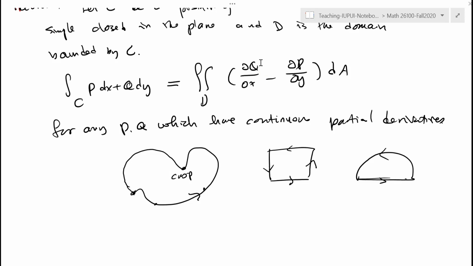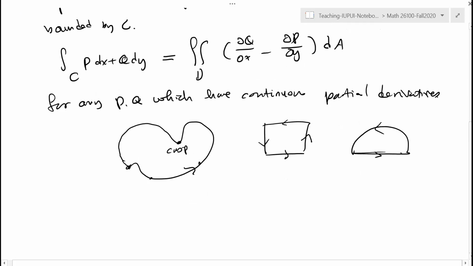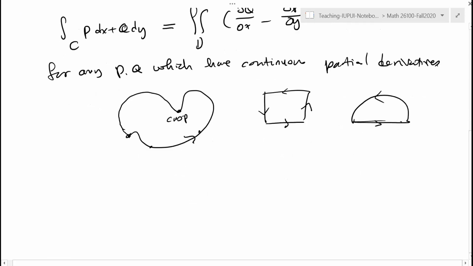You change the orientation, put a negative sign in front of the line integral, and then you get a negative sign in front of the double integral. That's a remark.